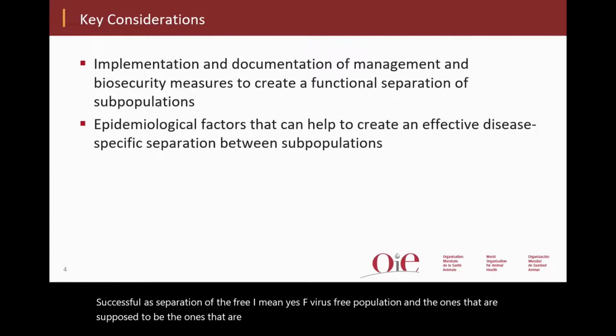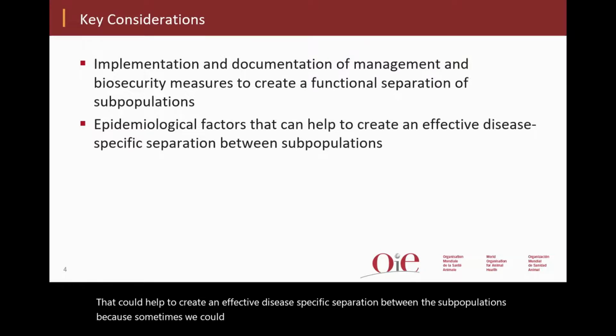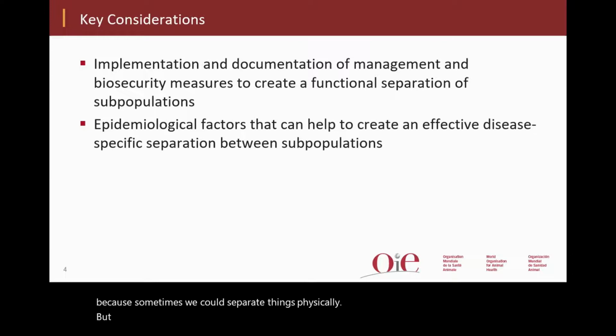The other consideration is the epidemiological factors that could help to create an effective disease-specific separation between the subpopulations. Sometimes we could separate things physically, but other factors like movement, transportation, and others could then be interfering with the separation.